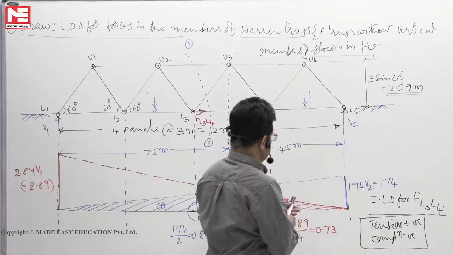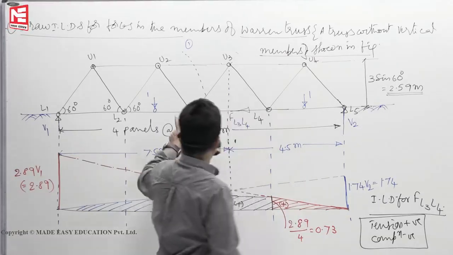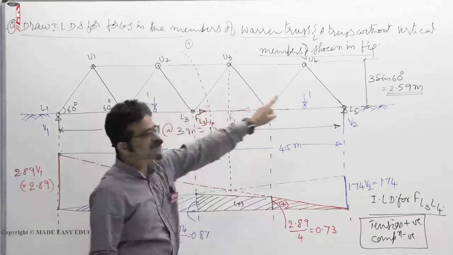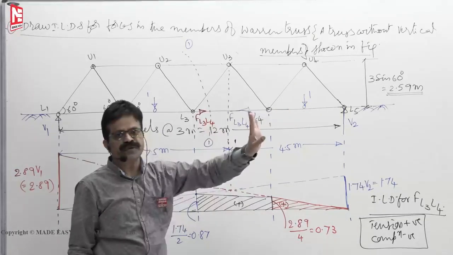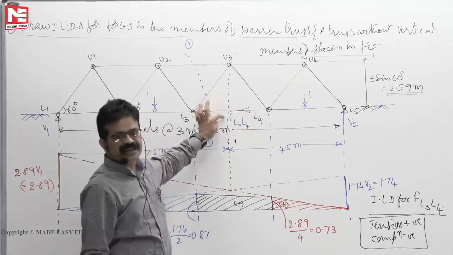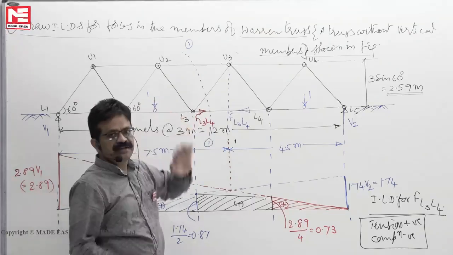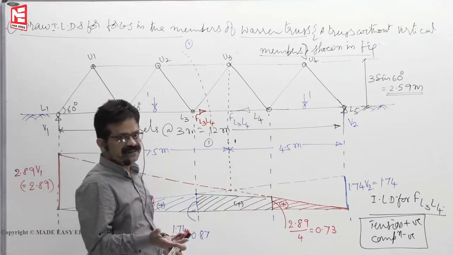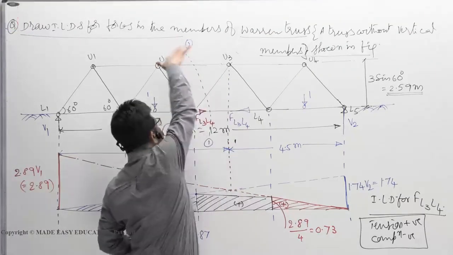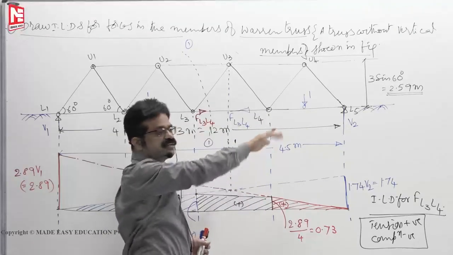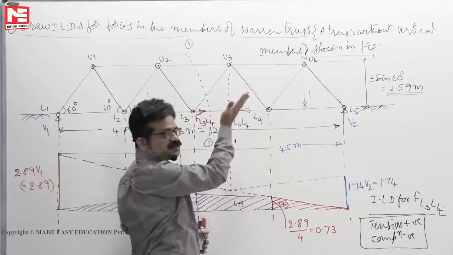Supposing this is a pure tension member, when the loads are moving, there is no way it will be under compression, it is only a tension member. But when wind loads are acting like this, again tension, but wind loads can act this way also.